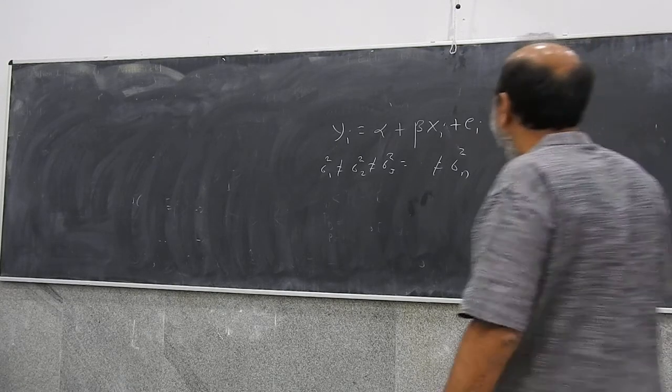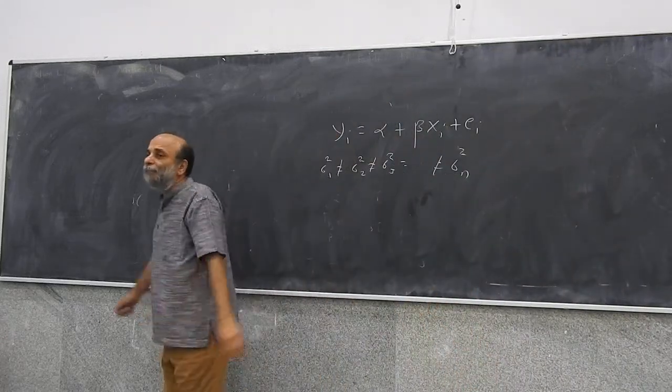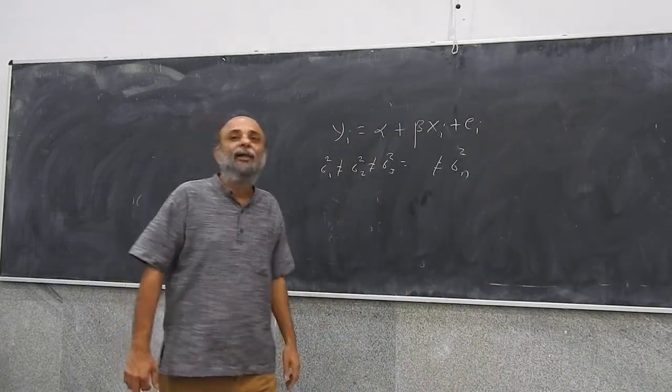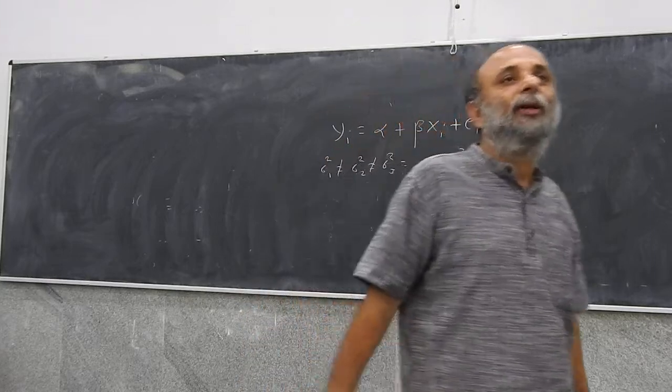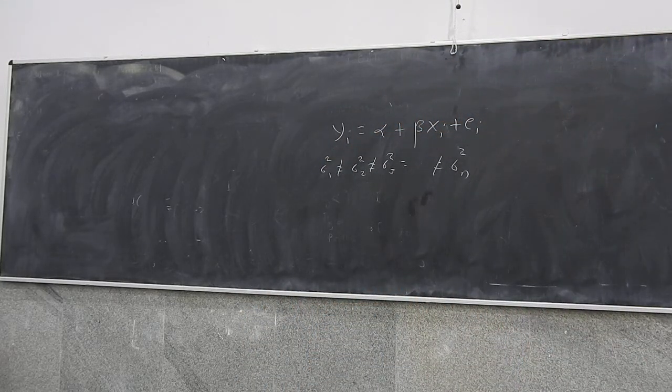Okay. Now, if that happens, we learn that the variance of beta hat is no longer sigma square upon summation of xi minus x bar square. That's clear to everybody. So we said we will follow the GLS strategy. What is the GLS strategy?